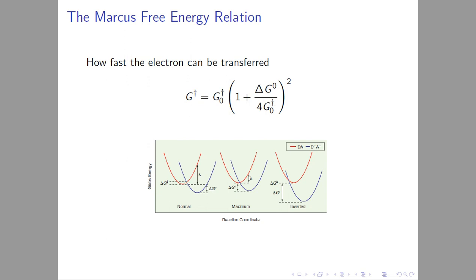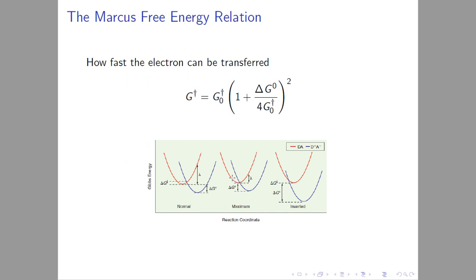So we need a small energy barrier to penetrate, so the electron can move to this value. And if this one is maximum, you can see that the energy of the reactant part is equal to the lowest part of the reactant.